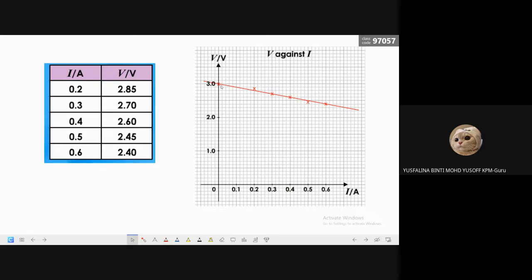This one we call E. The intersection of the y-axis is E, the electromotive force, and the gradient is equal to R, the internal resistance. Later you will learn that E is equal to V plus IR.